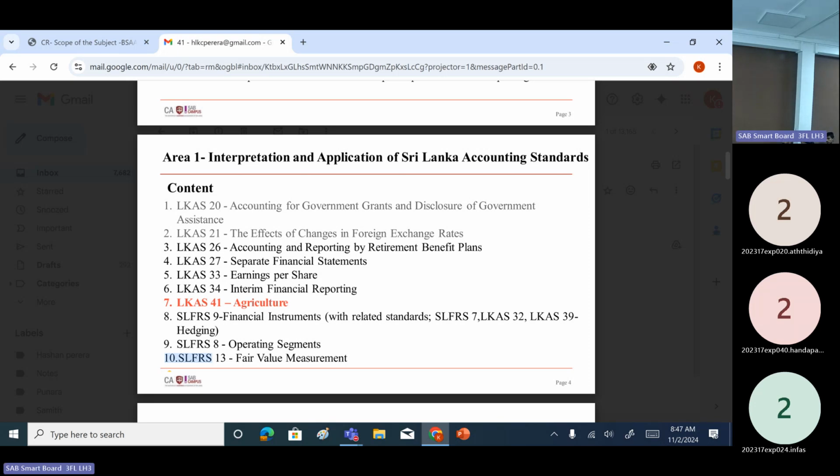It will take more than 5 lectures to complete: step acquisition, associate, joint venture, goodwill calculation, the evaluation of acquisition transactions, and then we need to complete the financial reporting aspect, calculation of ratios, communication. That's number 2.